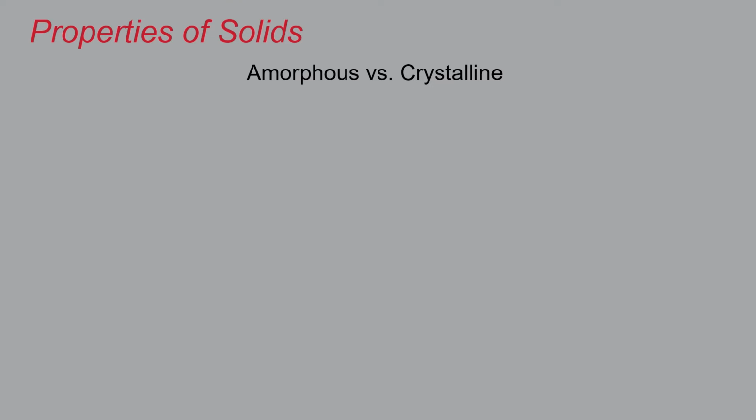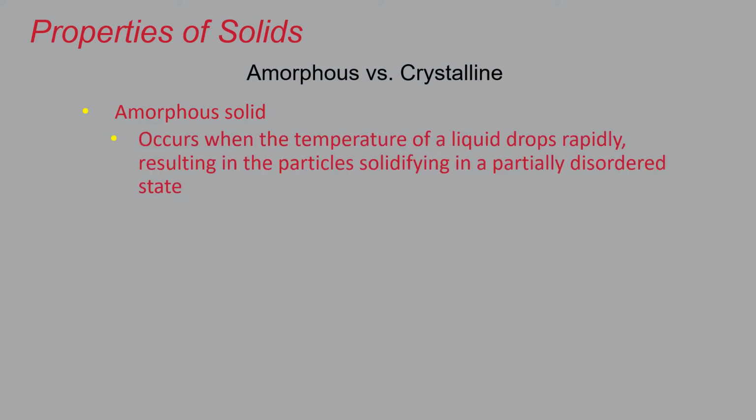For those of you that like to break things up into 2 types, there are 2 types of solids, amorphous and crystalline. Amorphous solids are formed when, generally, you form solids by letting a liquid cool down. If the cooling occurs quickly, the particles solidify in not the most ordered state they could.